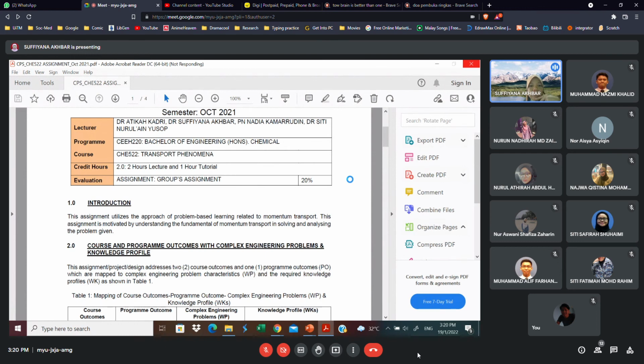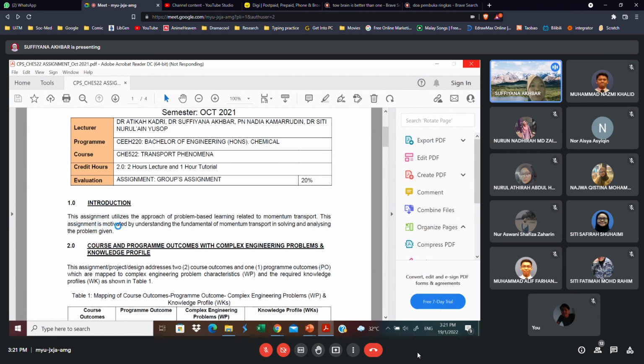Soalan ni actually they involve the complex engineering problem. Okay, means that it's very open-ended and you need to think how to solve it. Tapi sebenarnya senang je, cuma maybe tak nampak. So kata kat sini, the introduction ni 1.0.